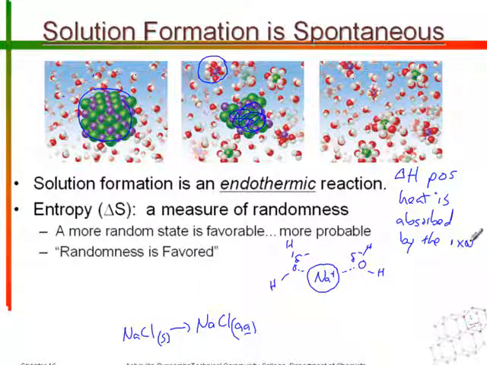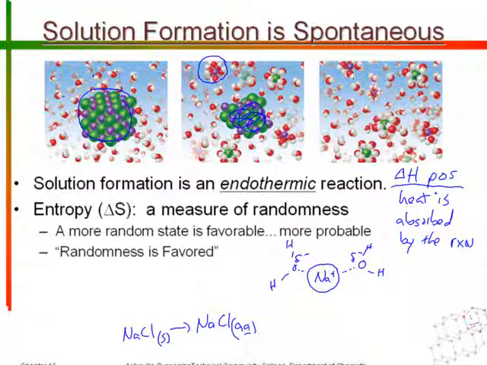This concept was first introduced in Gen Chem 1, Chapter 5, but that's just a reminder of the conclusions reached with this notion of endothermic versus exothermic reactions. And we know this is spontaneous.